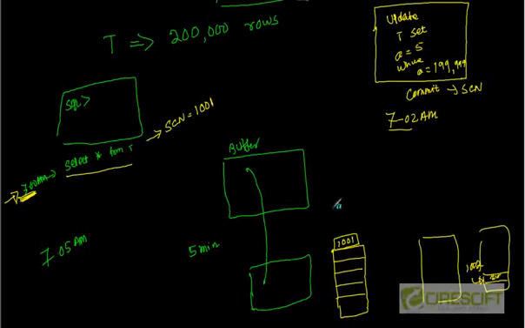So for this query, select star from T, Oracle is going to read all these blocks, and everywhere it will check the SCN number. Since the SCN number is 1001 here, it will say valid data, valid data, valid data, and valid data.